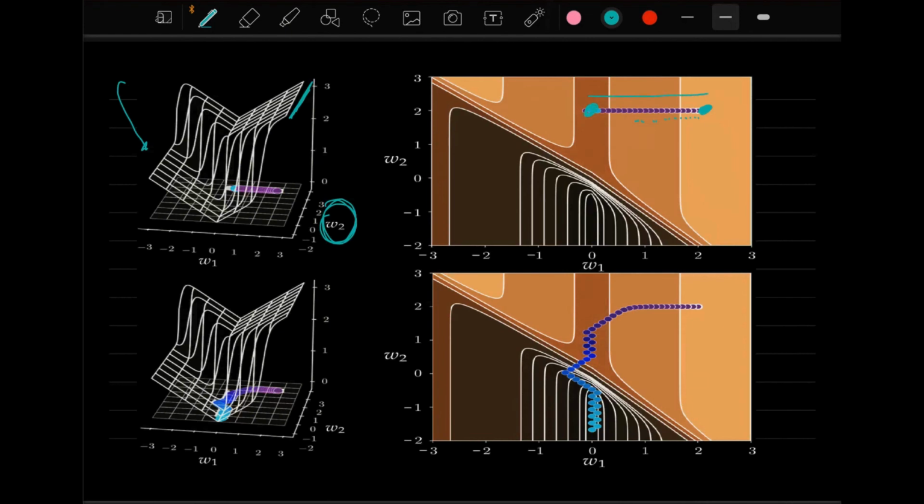It is going like this and getting stuck here itself. But when you do the normalization with respect to W2 individually and for W1 individually, like the one we have discussed recently, you can see how it goes to the minimum value here very easily.